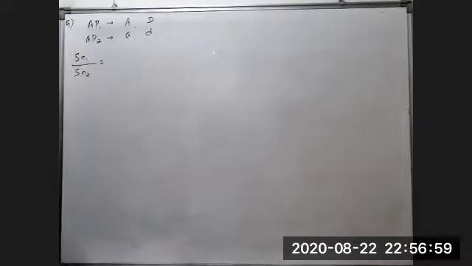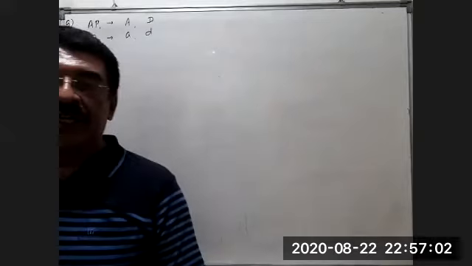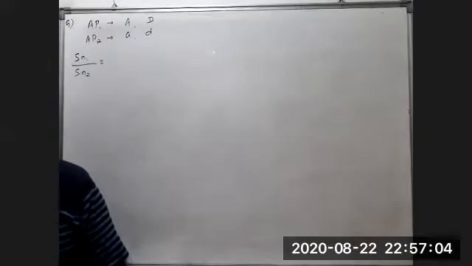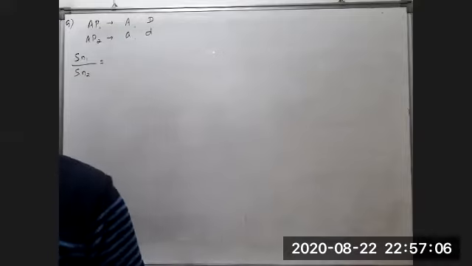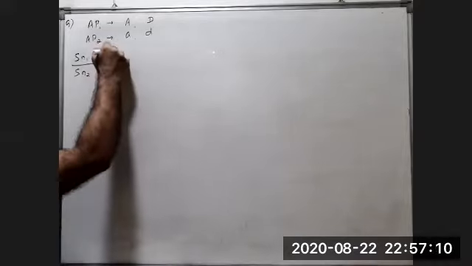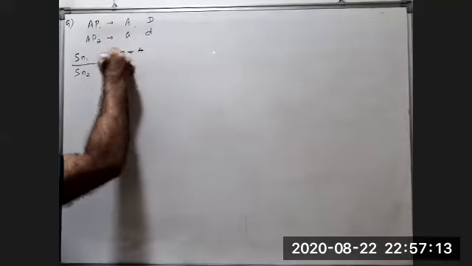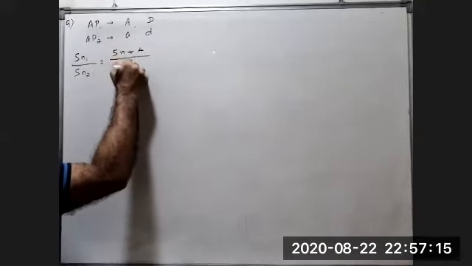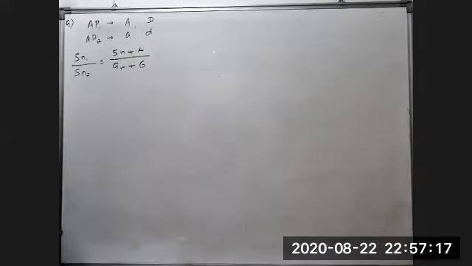This Sn1 stands for the sum of n terms of AP1 and Sn2 stands for the sum of n terms of AP2. That is given as 5n plus 4 by 9n plus 6.